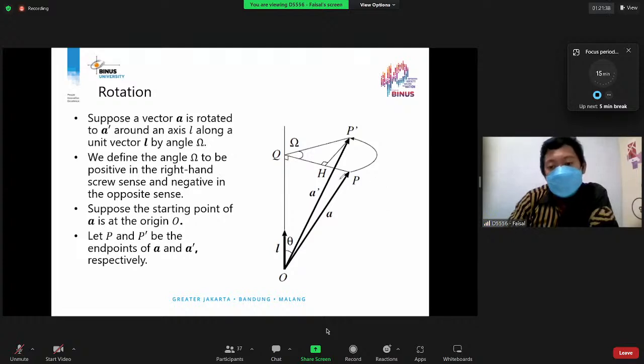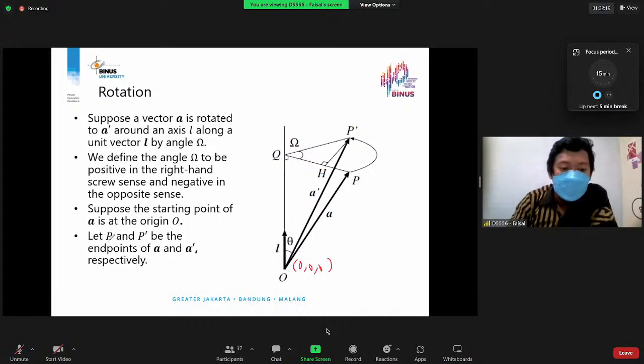So we rotate A, the angle is omega, and the axis is aligned with the direction L. Suppose that the starting point of A is at the origin, 0, 0, 0.